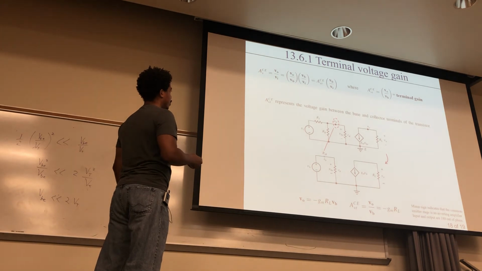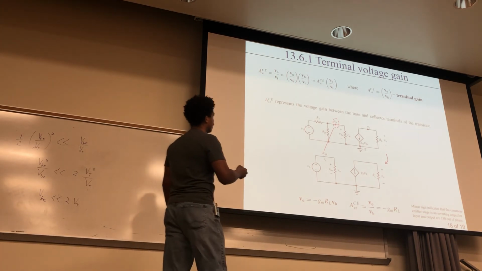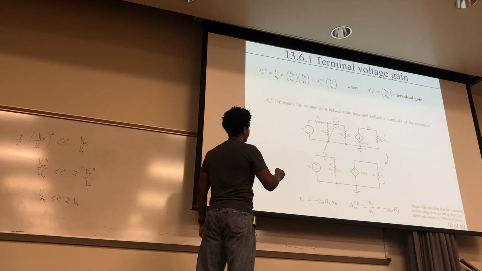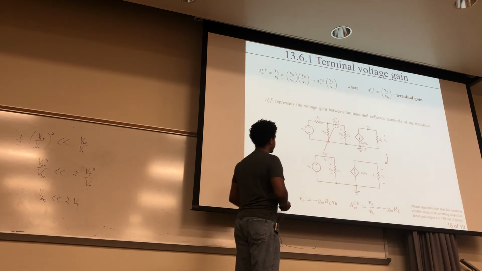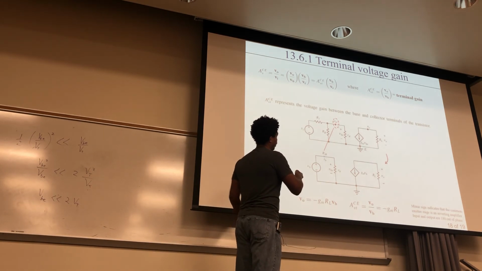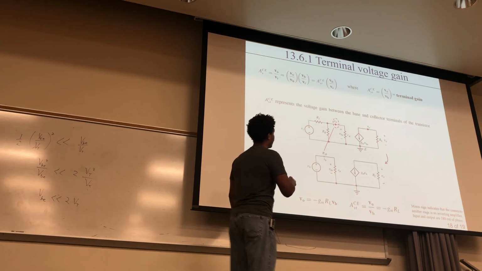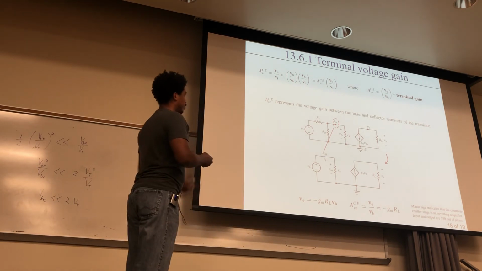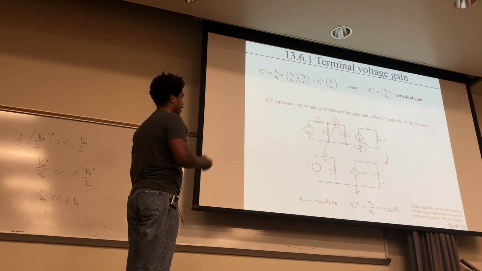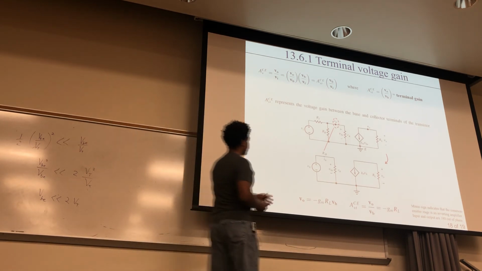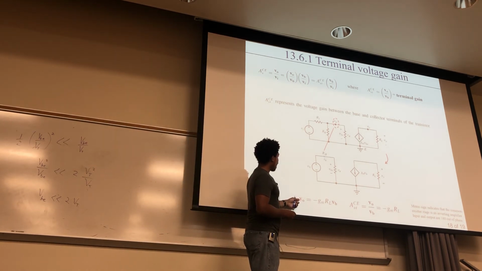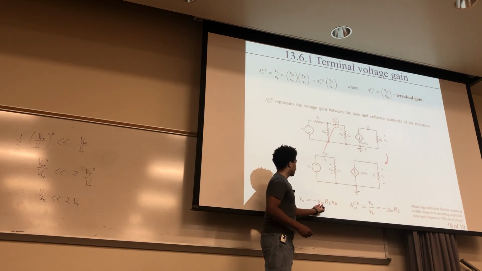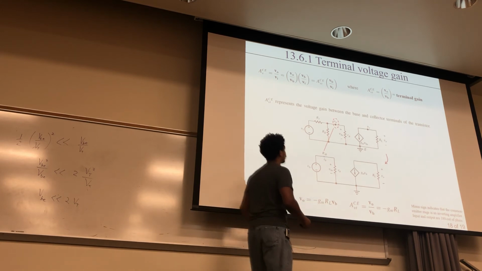So what you can do with that, this voltage right here can be placed into something like this, where as seen by your transistor, this voltage is really like the source coming in. And you could do your KCL, your voltage division, whatever, to find out what that is. But in terms of this right here, it looks like your V out is equal to negative conductance times RL times your VB.